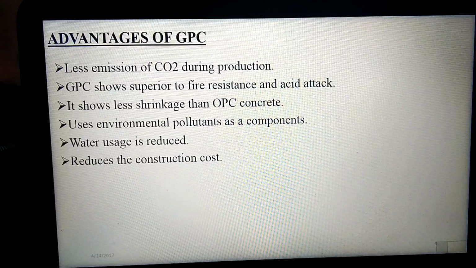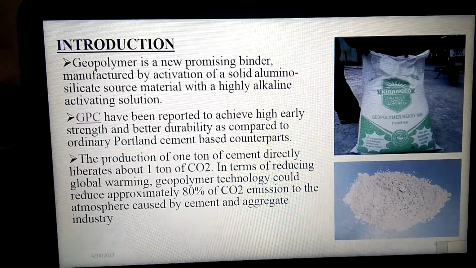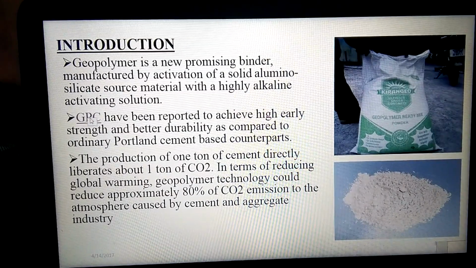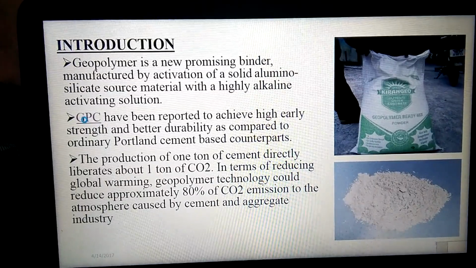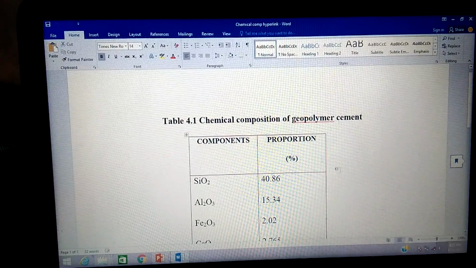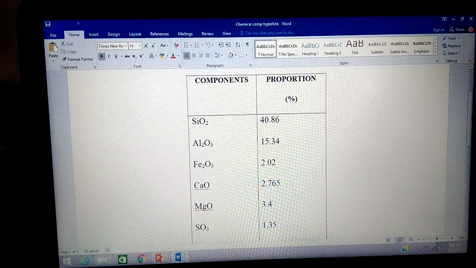Once again, previous slide. Here we have put our chemical composition of geopolymer cement in a hyperlink. We are now opening the hyperlink. This is our chemical composition of geopolymer cement, in which silica and alumina content is very high.